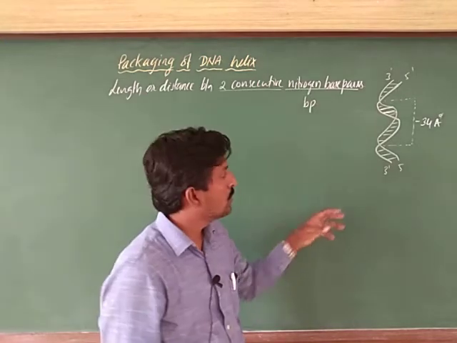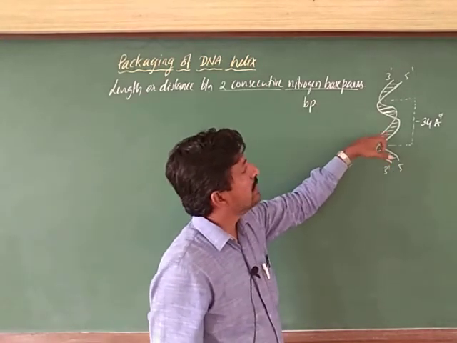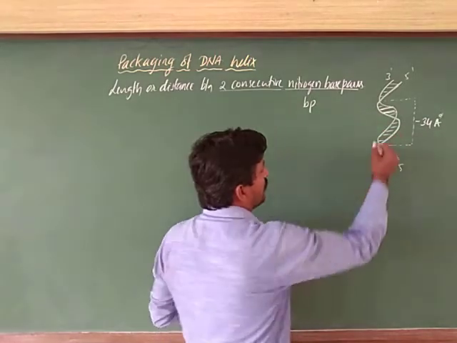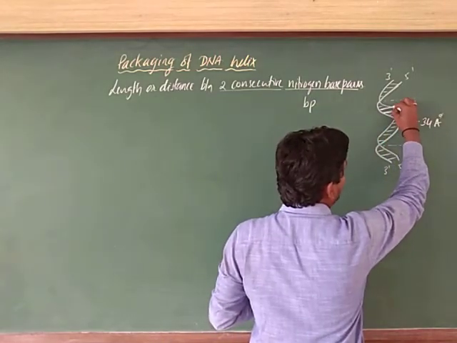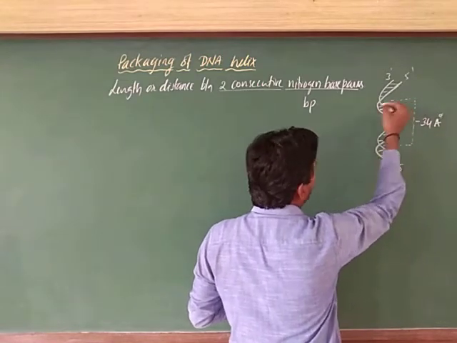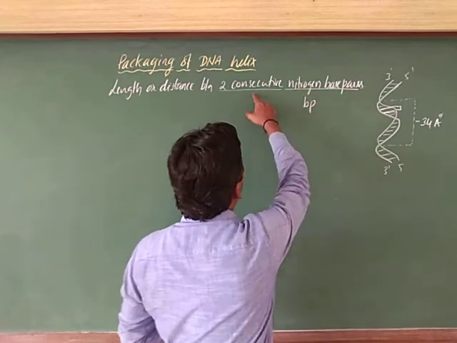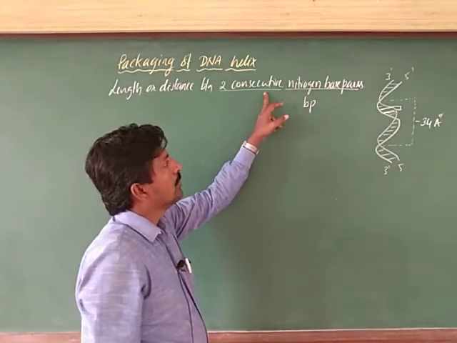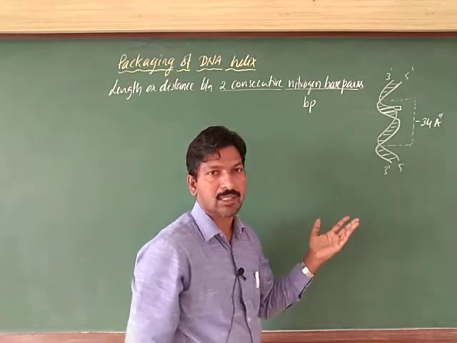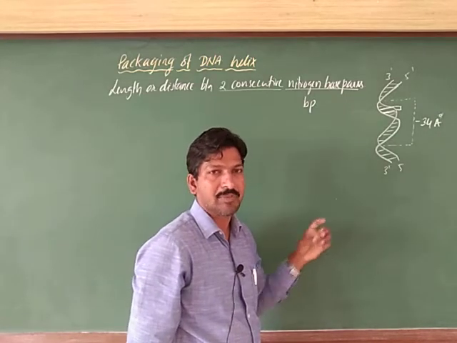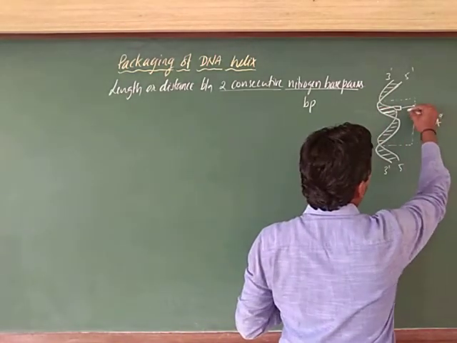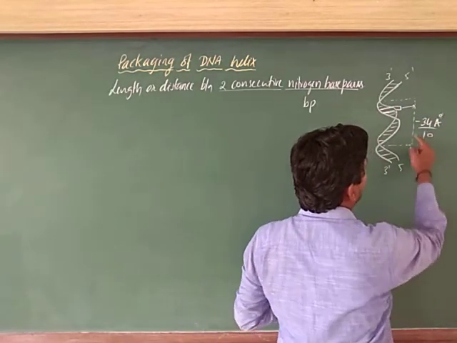So in a complete turn there are 10 nitrogen base pairs. From one to another is what we call a consecutive or adjacent, neighboring base pair. This distance can be calculated because 10 is there.